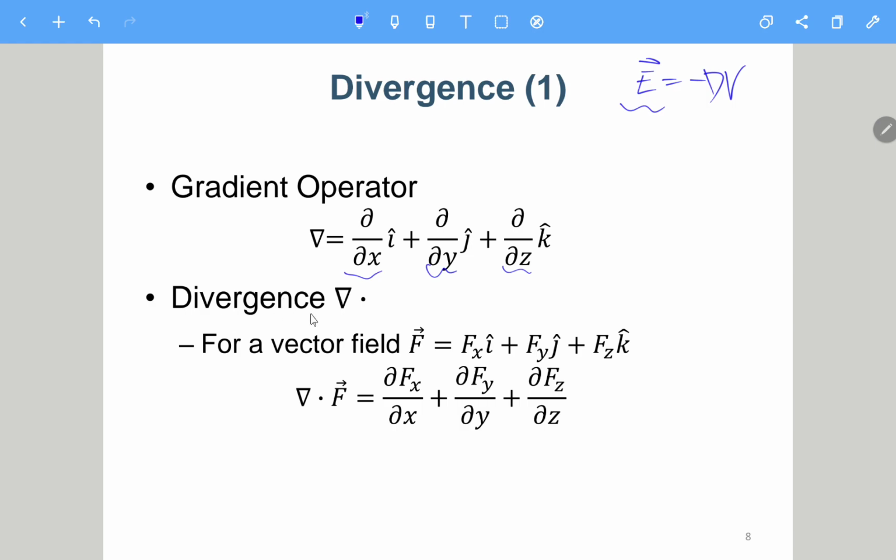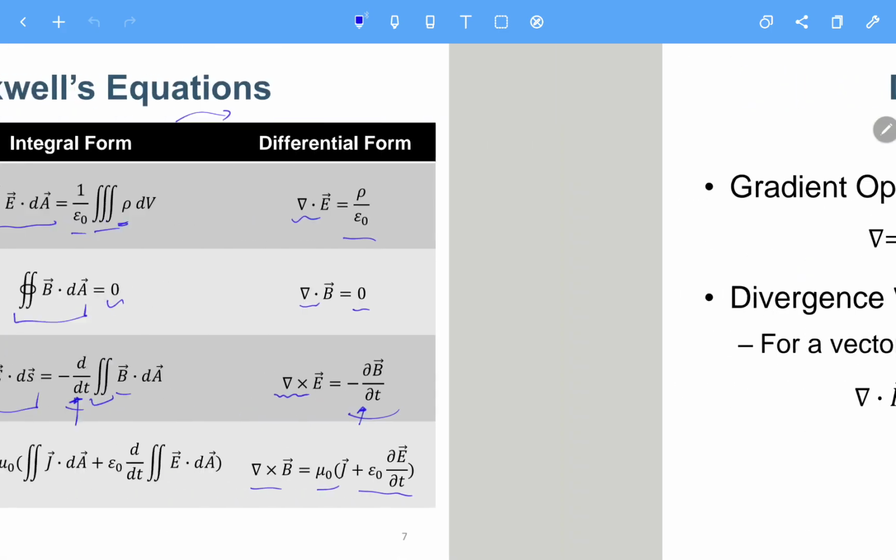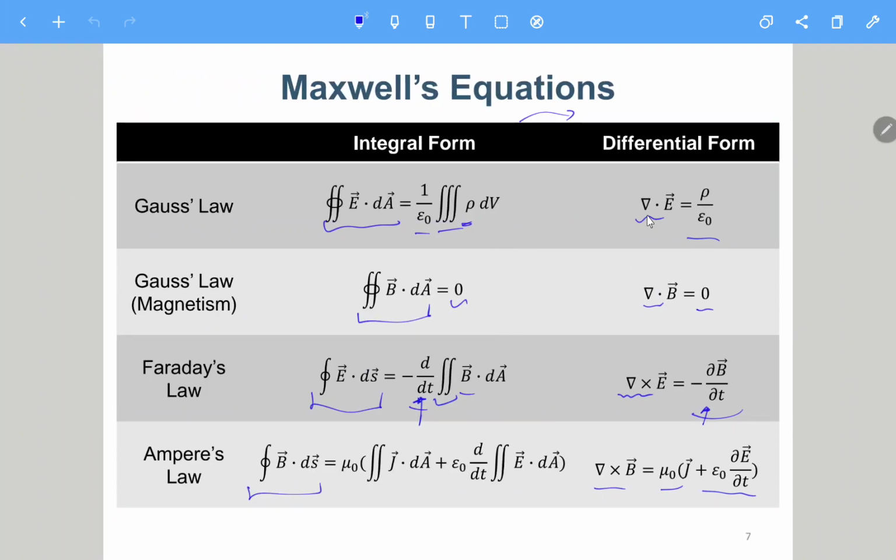And here, the divergence operator is like the gradient dot product with another vector field. Of course, here we have at least two types of vector fields, the E field and the B field. B field and E field are vector fields. You can clearly see that the divergence will act on the E field or B field. Also, the curl operator will act on the E field and B field.